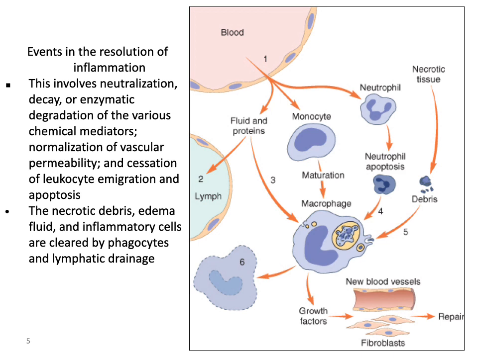So the WBCs that actively took part in the killing of the cells will have to be removed. The chemical mediators that have been secreted have to be neutralized. The vascular permeability has to be returned to normal, and WBCs need to stop going to the area of inflammation. Also, the cells that have been killed and the microorganisms that have been destroyed have to be cleared out from the body.